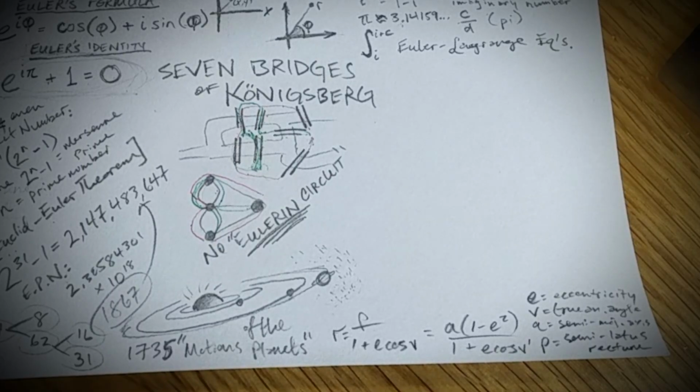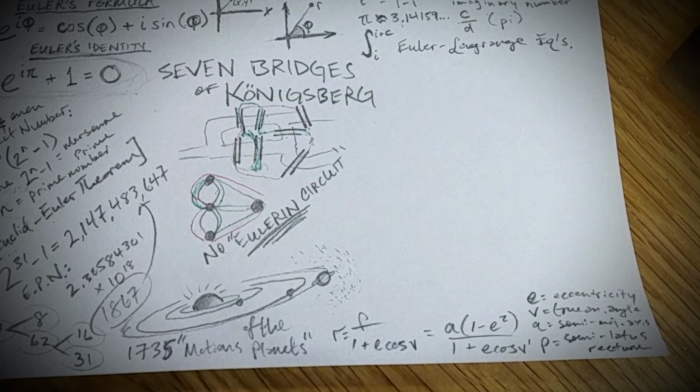So in addition, Euler made important contributions in optics as well. He disagreed with Newton's corpuscular theory of light, which at that time was the prevailing theory.